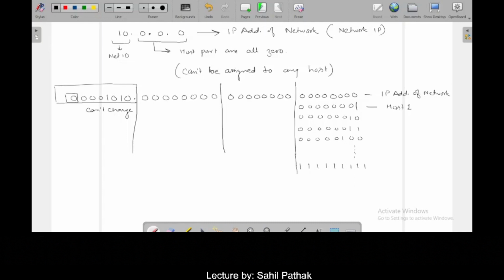Similarly, where these are all zeros, if I go further, the time will come when we'll have all ones, here also we will have ones, and we will have all ones here, and all ones here.